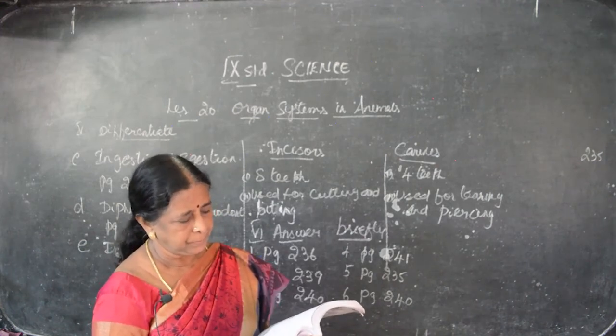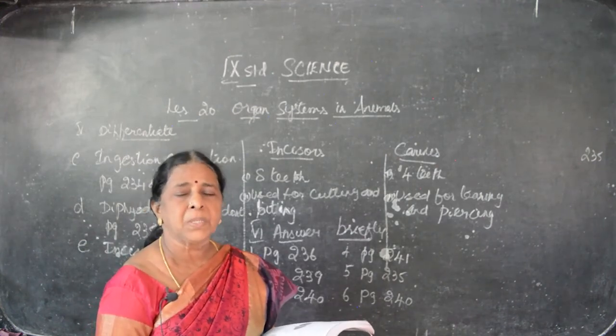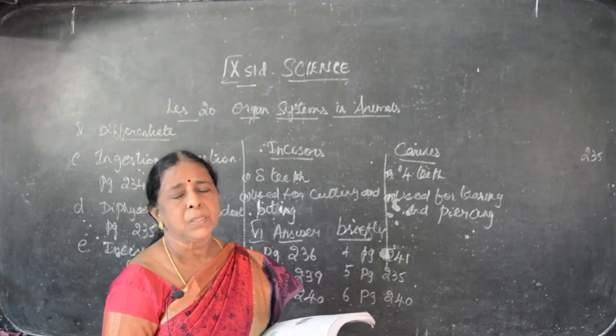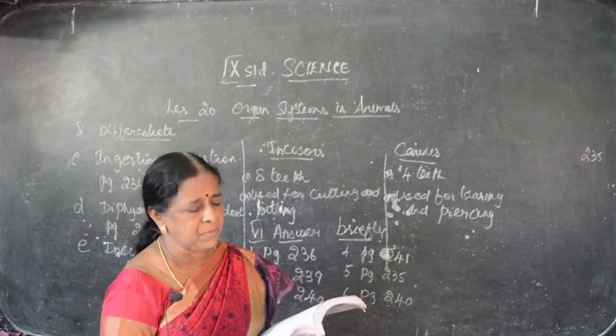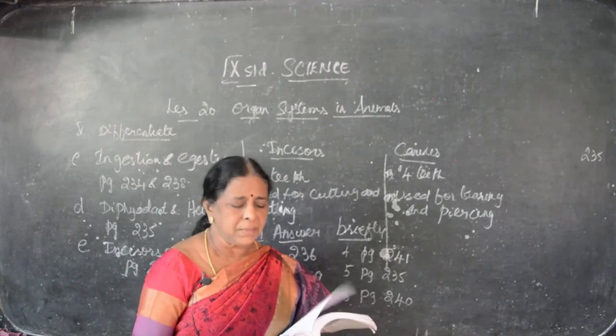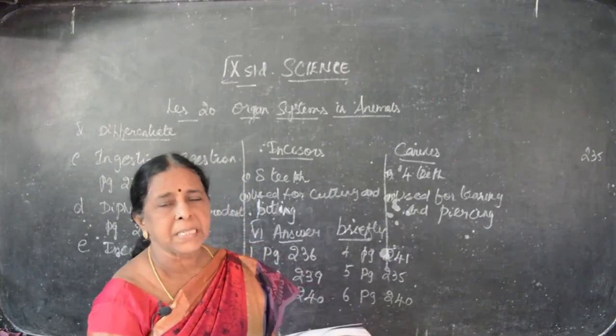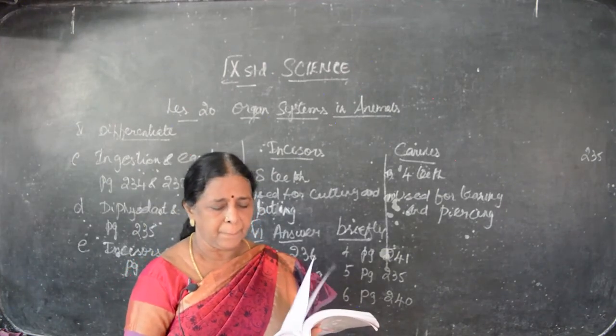Actually, though it is a short answer, it is a paragraph answer only. You can write it for the 5-mark question. Under the heading, structure of nephron. Each kidney consists of, did you find it?